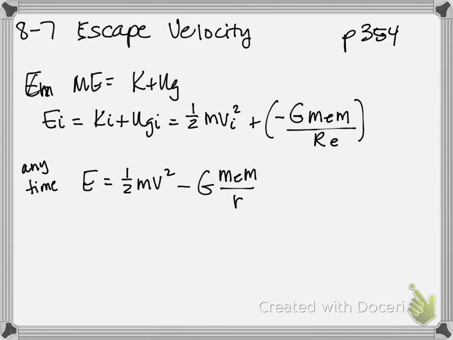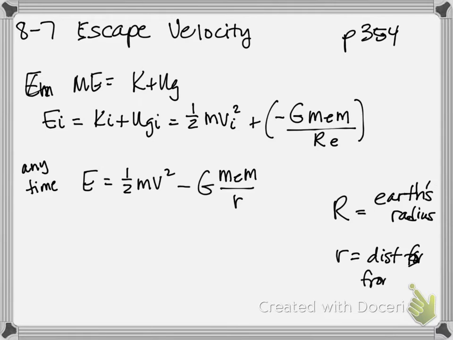So in this discussion, big R equals Earth's radius, and little r is just the distance from the center of Earth at whatever time. I know time doesn't come into this, and we don't need the time, but at any point, this velocity corresponds with this distance from Earth's center, and as this r increases, this velocity is going to decrease, right?